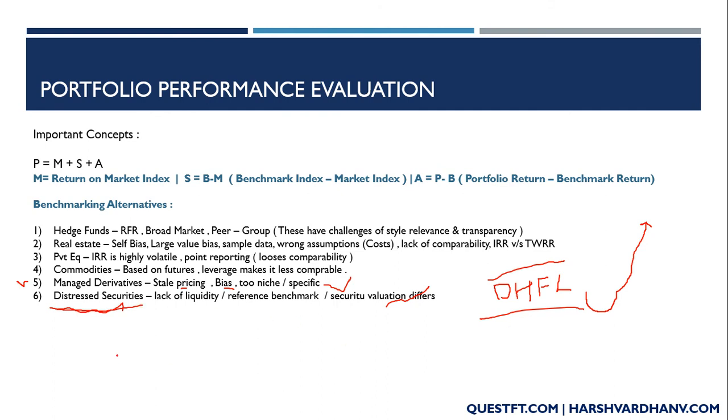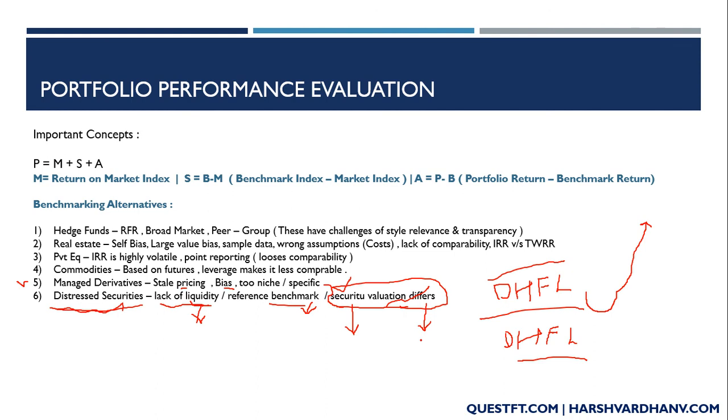But what happens? Other company benchmarks or global benchmarks will not be the same. They will be different. And especially in distressed security, there's a huge lack of liquidity. There is no reference benchmark available, and security valuation differs. I can say that DHFL is worth zero, but Piramal group must have seen some value in that stock, so they went and bought that asset, because each one will see the valuation as different when it is a distressed security.